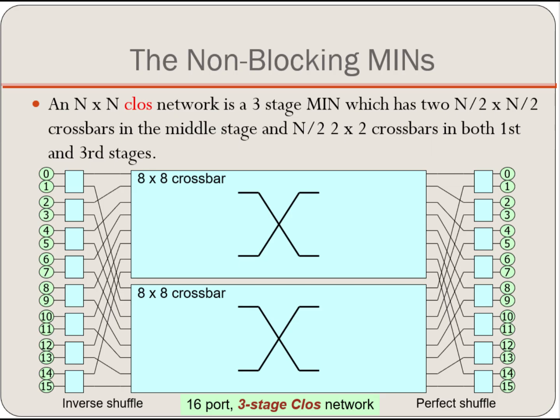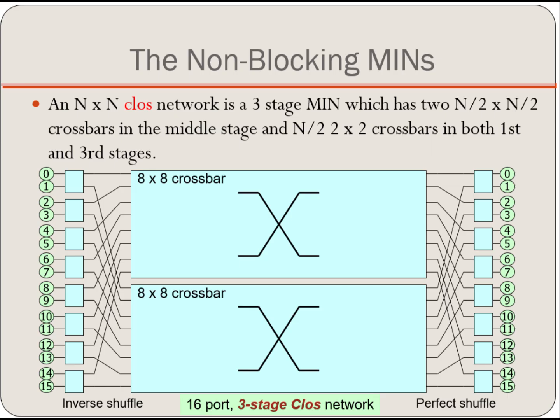So the capability is equivalent to an n by n crossbar. But instead of using a big n by n, we use two smaller n over 2 by n over 2 crossbars, and the space requirement is about half.